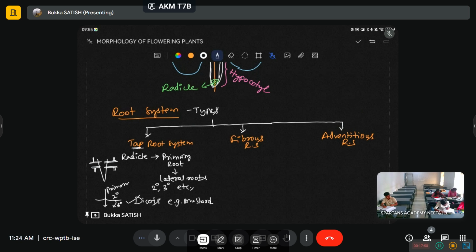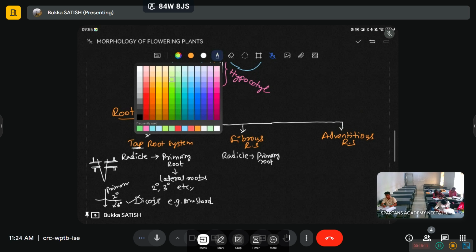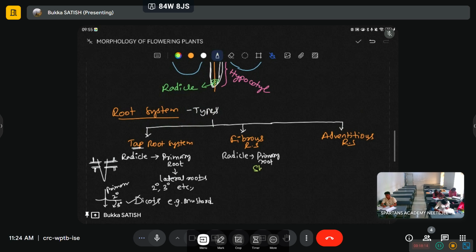Now, see the difference with the fibrous root system. Here, in fibrous root system, the radicle develops into primary root. Everywhere, radicle only will develop into primary root. But this primary root is short-lived. Short-lived means what?